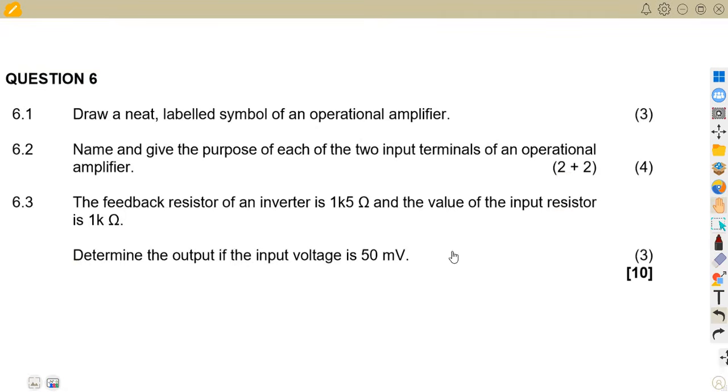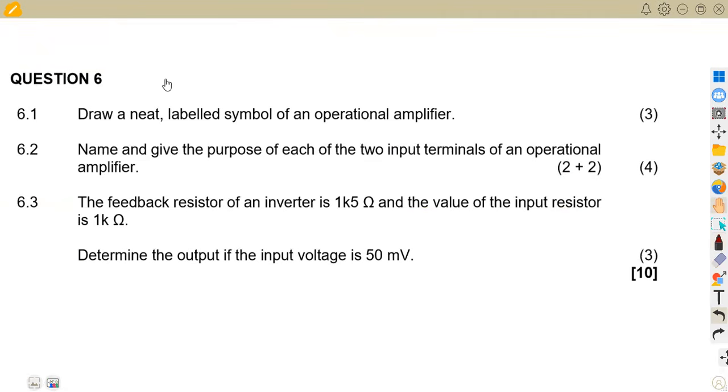And you see the other part here again, to draw a neat symbol and label an operational amplifier. I think we talked about this in the introduction part of our operational amplifier. So you're supposed to know each and every sketch of what you are given, guys. You're supposed to know the sketch of each. All right, so let us try to have our sketch here.